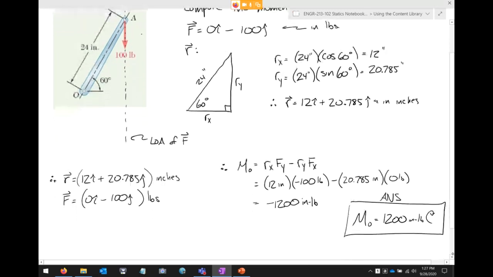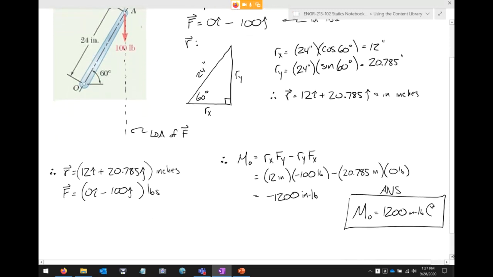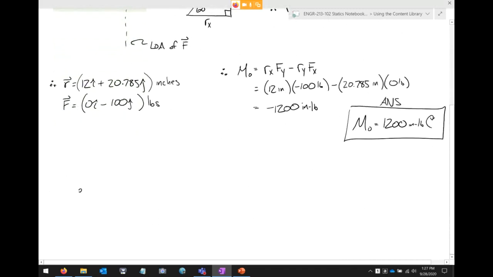Great question. And so here's how I would draw that. Here's point O right here, and then we have a force acting like this. And so the way that I would imagine this is, imagine that point O is kind of like a steering wheel. Imagine that there's kind of like a steering wheel around point O. If you took that 100 pounds and put it on the steering wheel like that, how would that turn the wheel?